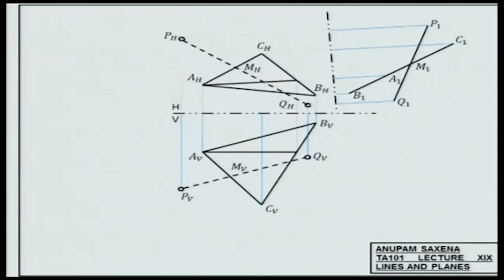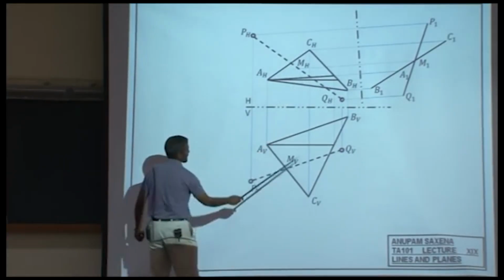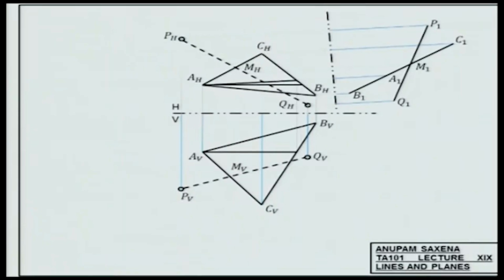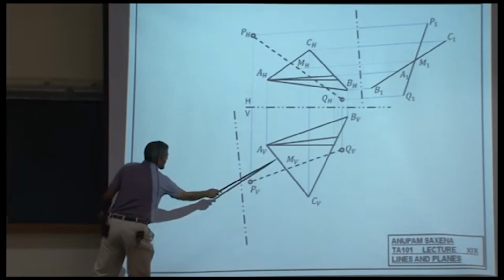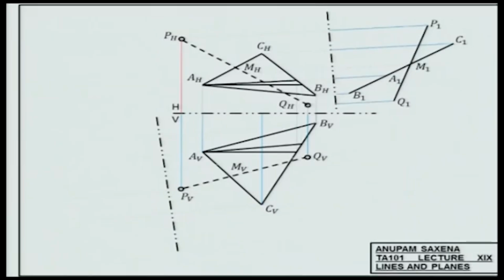Okay. Now, if you take a horizontal line here, get the true length here, get the edge view of the plane using this as the helping view. The same exercise, get the edge view of the plane there.